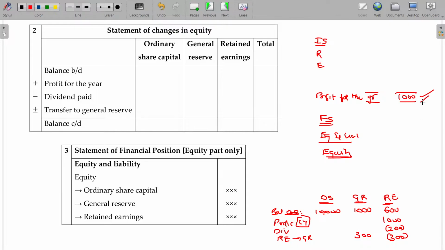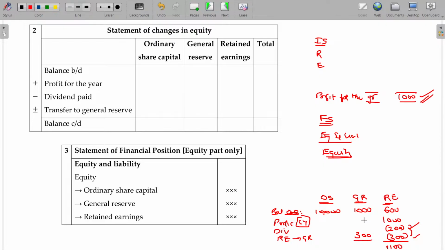Whatever profit we earn may be distributed immediately, and some amount may be kept aside for the future requirement. After these two subtractions, whatever leftover profit we have is called retained earnings. 1100 is the retained earnings.